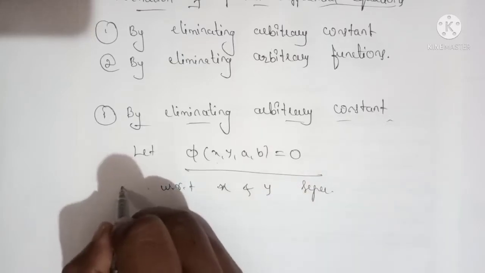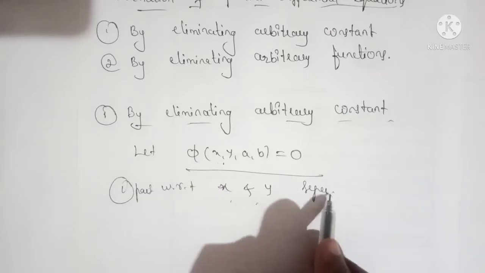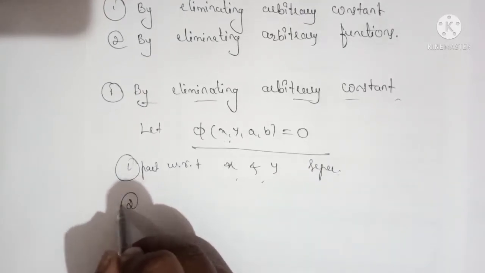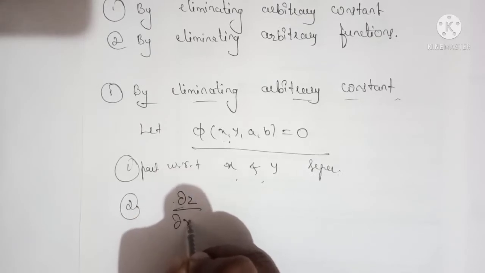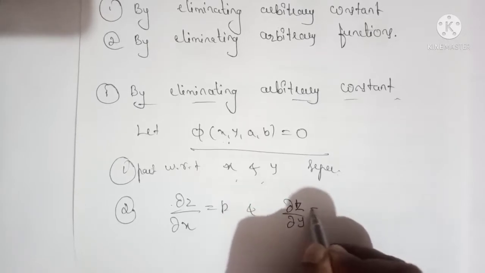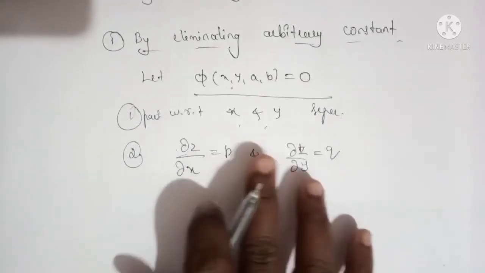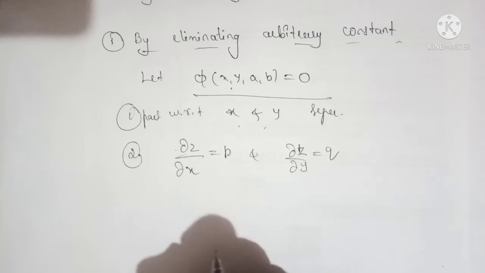The second step is replace ∂z/∂x by p and ∂z/∂y by q. Then we eliminate the arbitrary constants a and b from the given equations. Like this we form the PDE by eliminating arbitrary constants.